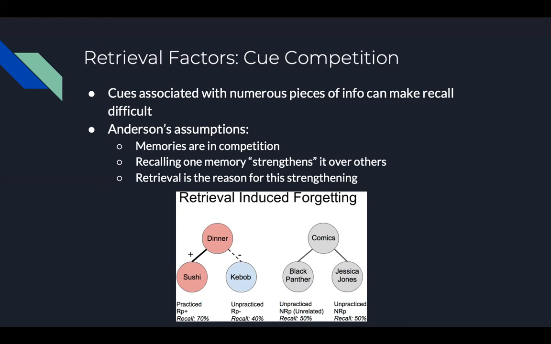A second assumption is that remembering one memory strengthens the connection to that memory and therefore weakens others. Really, this is the idea of, well, there can really only be one. So even though there are 5 memories, if one of them is being recalled with more frequency, that one is going to be, quote unquote, the winner.